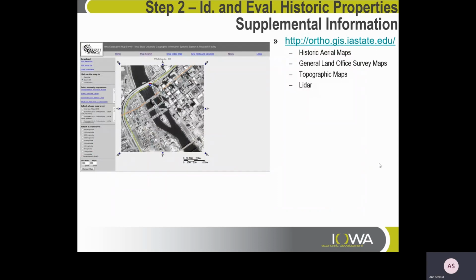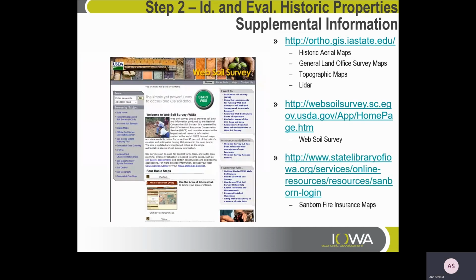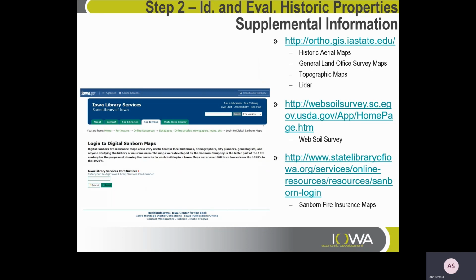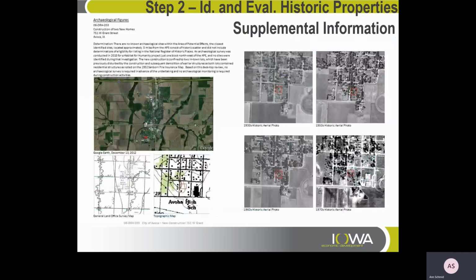Furthermore, we can use the state's database for historic aerial maps, topographic maps, and LIDAR. We can use the web soil survey, again, to find the soils, and we can use the State of Iowa Library Services for Sanborn fire insurance maps. This is just a sample of how I've put together archaeological figures in the past, where I've used these supplemental maps.